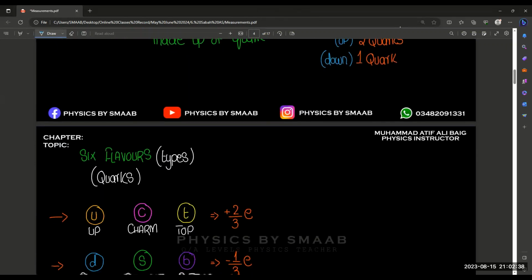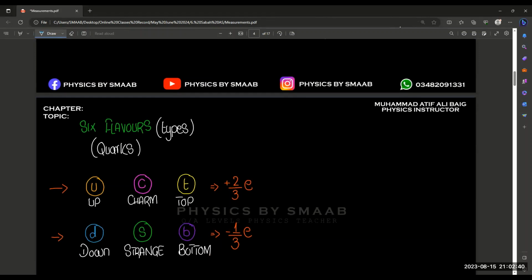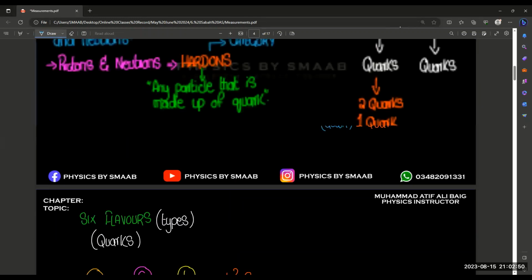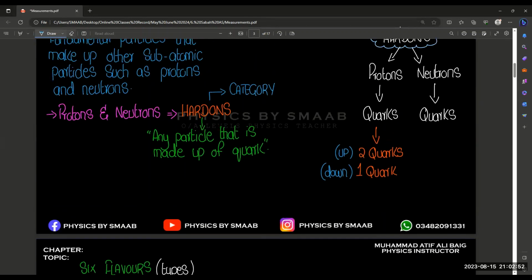For up, we are having plus 2 over 3, and for the second up, plus 2 over 3. Then we are having one down, that is minus 1 over 3e. So let's continue the process for the proton.